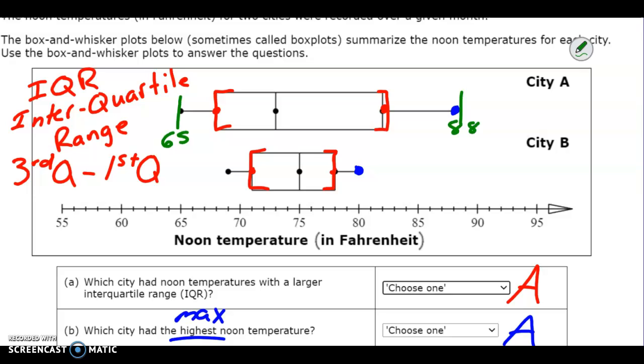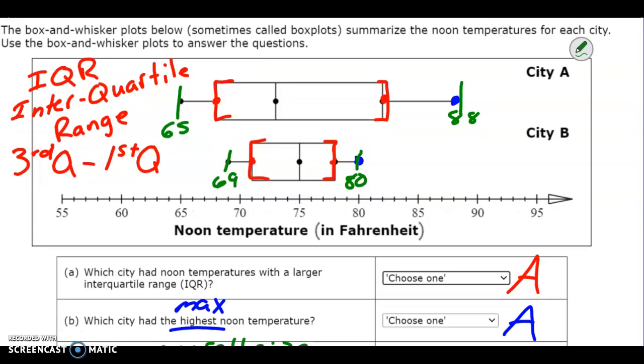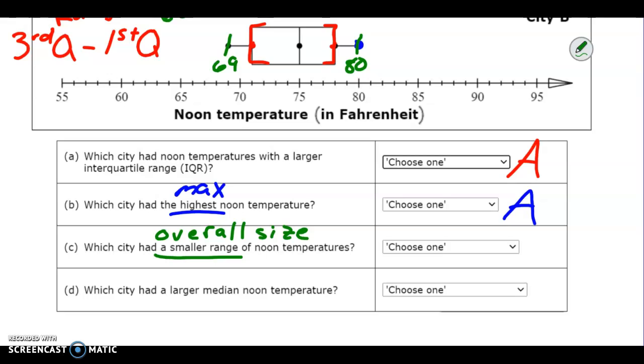And the second one goes from 69 to just 80. So again, just by looking at it, you don't have to actually subtract those values. Just by looking at it, those whiskers in city B are way closer than the two whiskers in city A. City B, those two whiskers actually even fit into the quartiles from city A. So B has a smaller overall range there.